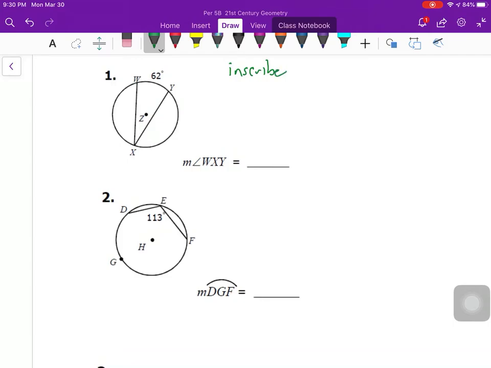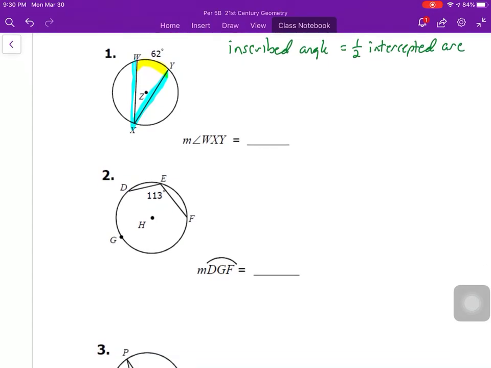So let's take a look at a few practice problems. Here we have an inscribed angle, and that will be equal to half the intercepted arc. So here is our inscribed angle, right here. Here is the intercepted arc.